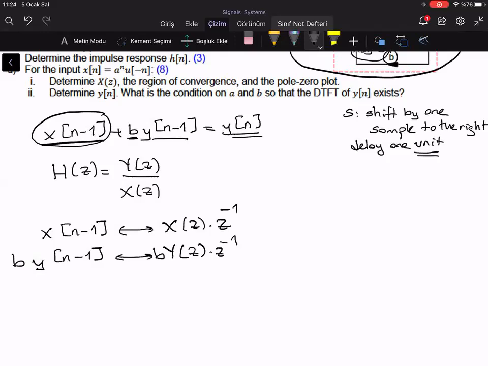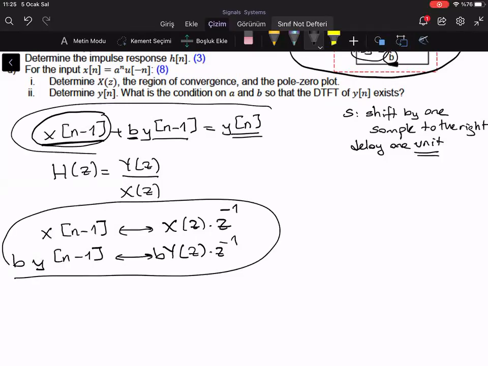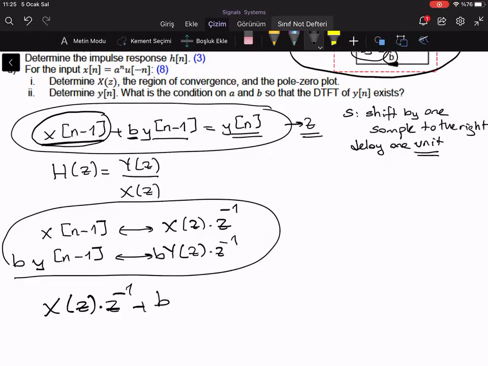So I'm going to write this again in the z domain: x of z times z to the power minus 1 plus b y of z times z to the power minus 1 is equal to y of z.